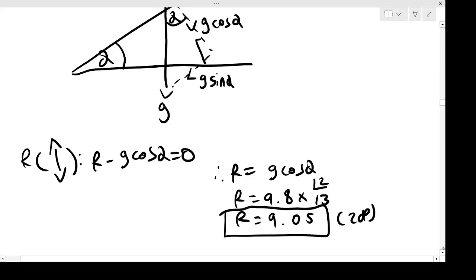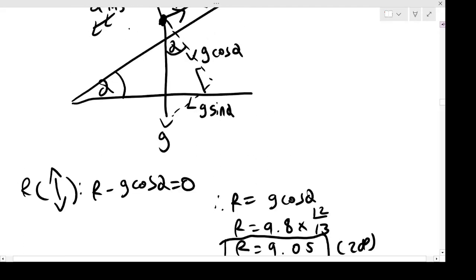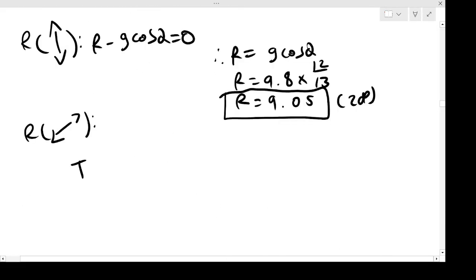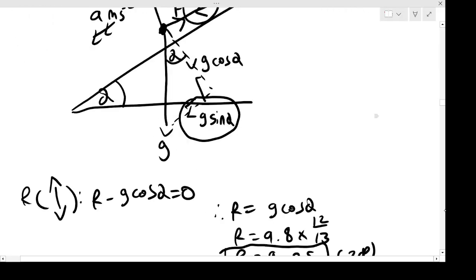Then I'm also going to resolve in this direction, up and down the slope. The acceleration is downwards, so let's treat downwards as the positive direction. So the forces down the slope: firstly, this T force, the thrust, and then we also have this G sine alpha acting in that direction.